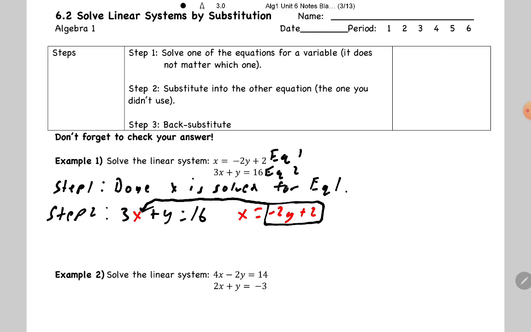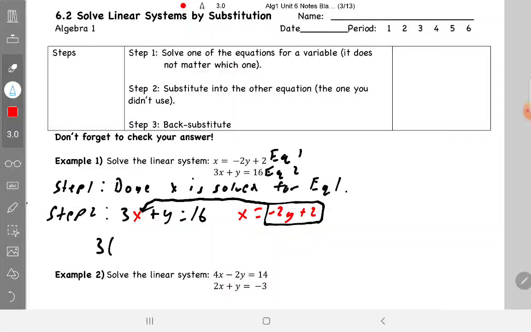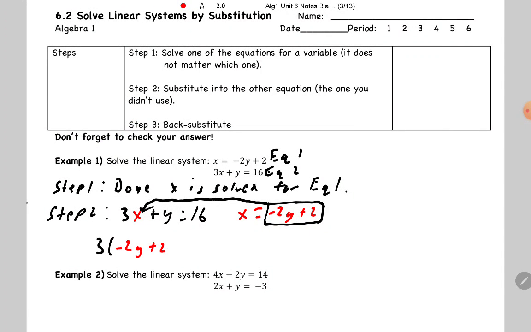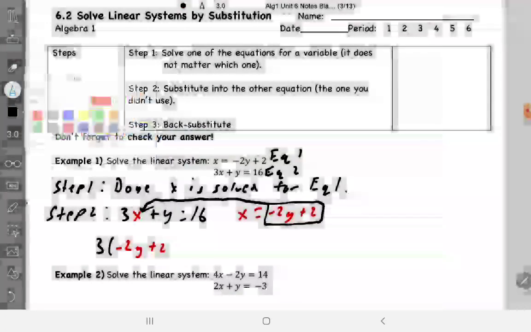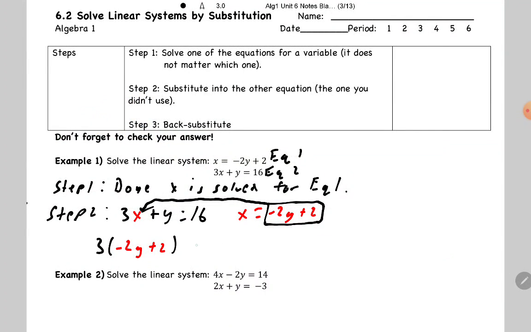So this is going to be 3 times, and you want to put parentheses because you're plugging in multiple terms, negative 2y plus 2, and then we put in the rest of the equation, plus y equals 16. So we substitute it in.